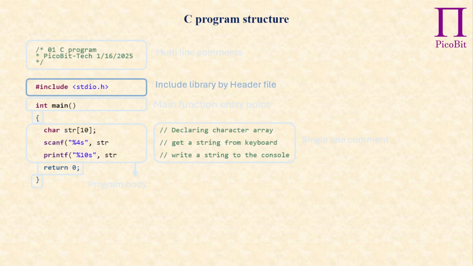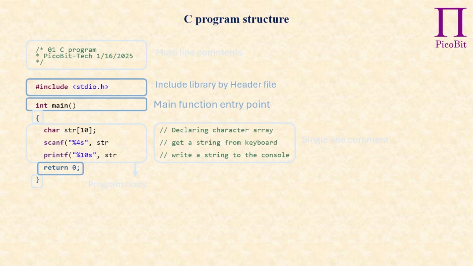For example, stdio.h is commonly used for input and output operations. Main function. Every C program starts execution from the main function. It is mandatory and acts as the entry point for the program. Return statement. The main function typically ends with the return statement, which indicates whether the program executed successfully. For example, return 0 for success.